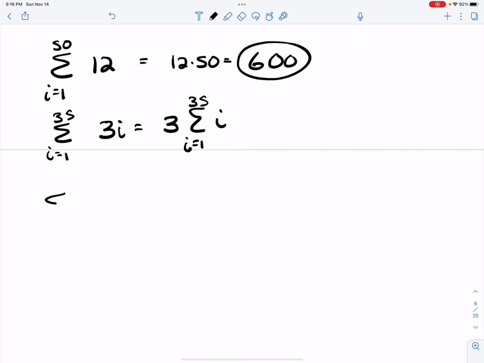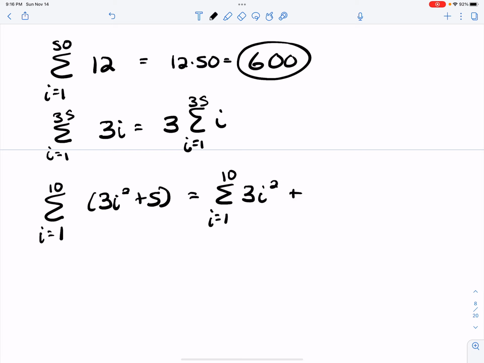If you have i equals 1 to 10 of 3i squared plus 5, you're allowed to break that up: i equals 1 to 10 of 3i squared plus i equals 1 to 10 of 5. But don't forget, you can break that up a little further.